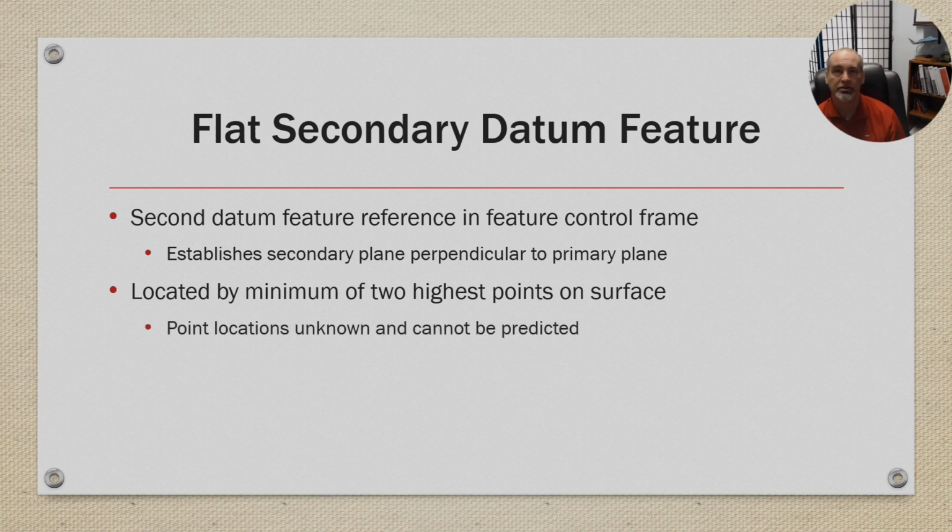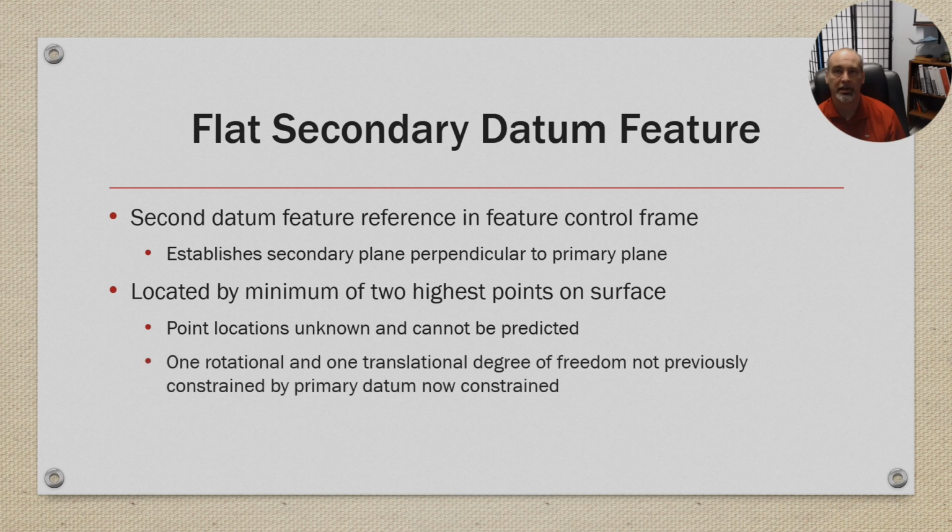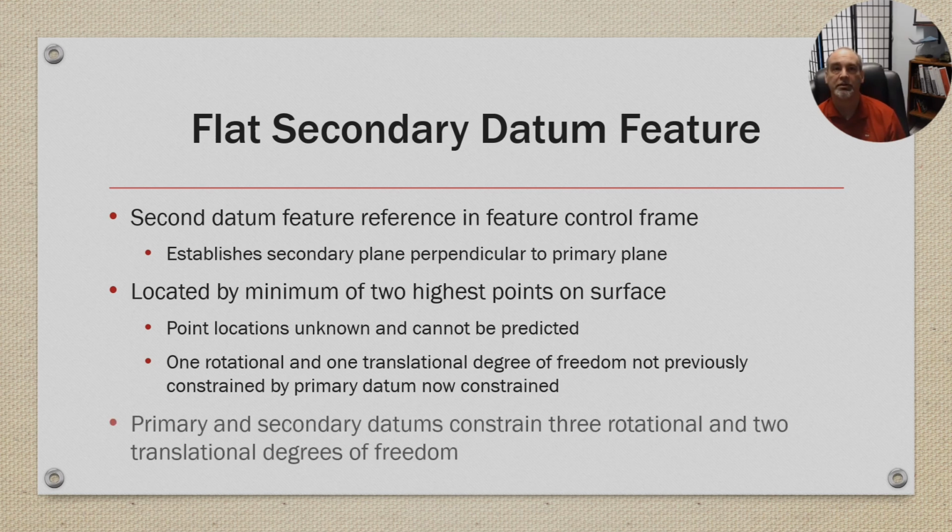Point locations are unknown and cannot be predicted, and 1 rotational and 1 translational degree of freedom not previously constrained by the primary datum are now constrained. Okay, so you've now constrained it, say sliding one direction, and it can't spin in another direction. Okay, and the primary and secondary datums constrain 3 rotational and 2 translational degrees of freedom.